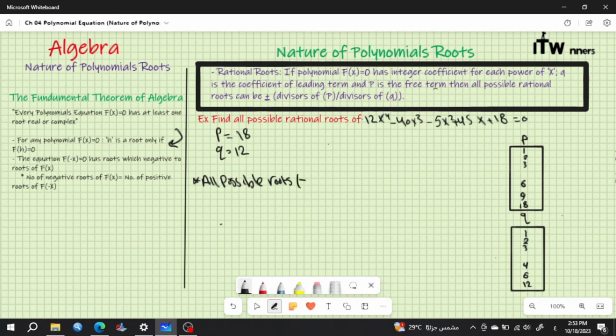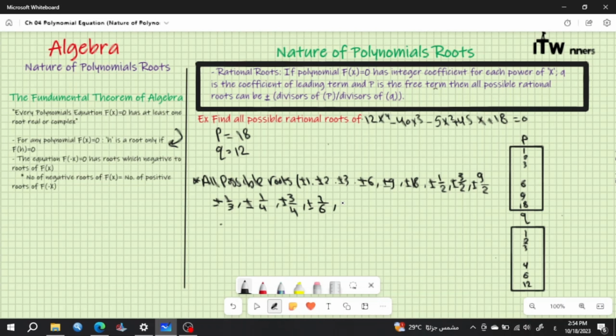Plus or minus 1, plus or minus 2, plus or minus 3, plus or minus 6, plus or minus 9, plus or minus 18, plus or minus 1/2, plus or minus 3 by 2, plus or minus 9 by 2, plus or minus 1/3, plus or minus quarter, plus or minus 3 by 4, plus or minus 1 by 6, plus or minus 1 by 12.